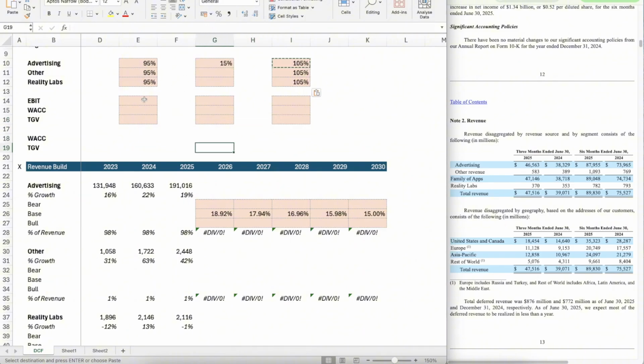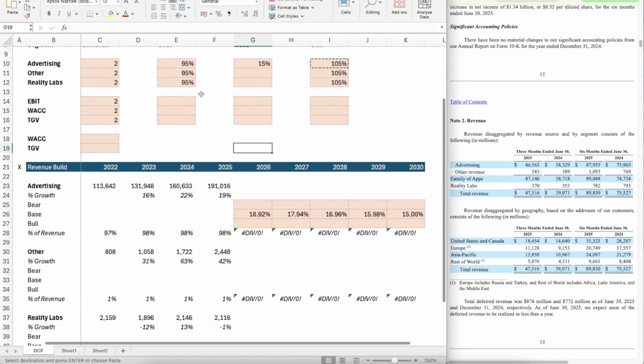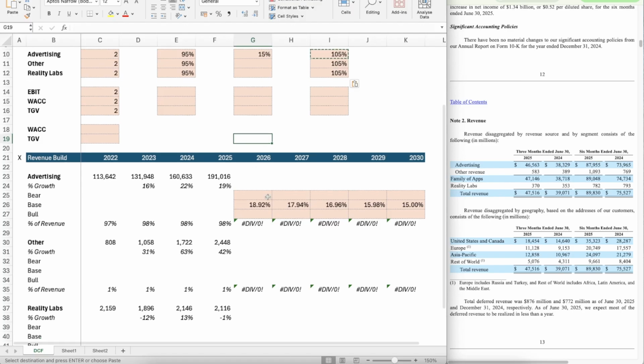And remember, when you're doing your bear, base and bull cases, put your own numbers in and see what comes out based on research you've done. I'm not really focusing on the analyst estimates. I just want to show the methodology of how it's done, and then you put in whatever you think, because we'd all have a different opinion of how well this is going to do.